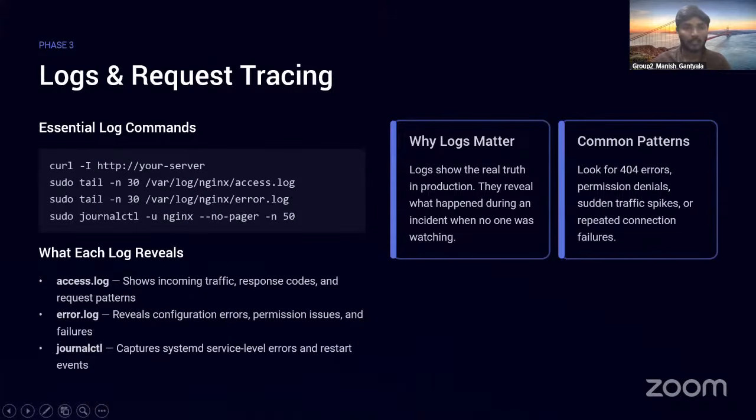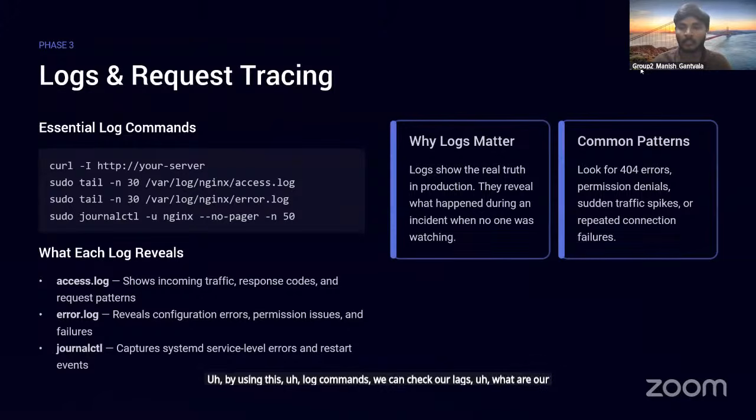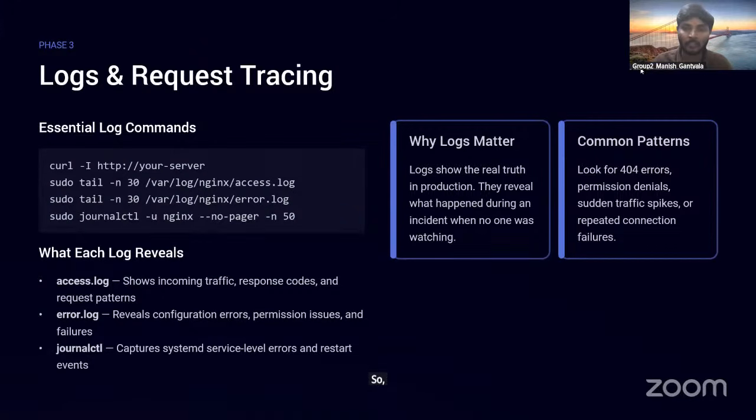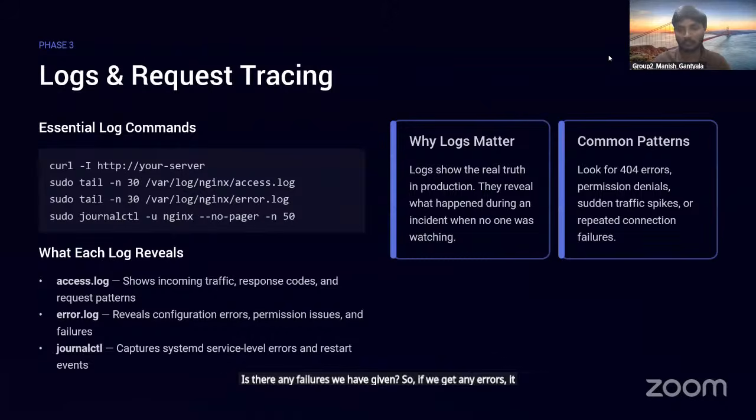Then we have logs and request handling tracing. By using these log commands, we can check what logs are being written. Is anything happening, or are there any failures? If we get any errors, they will be present there. So we can check our logs every time after deployment.